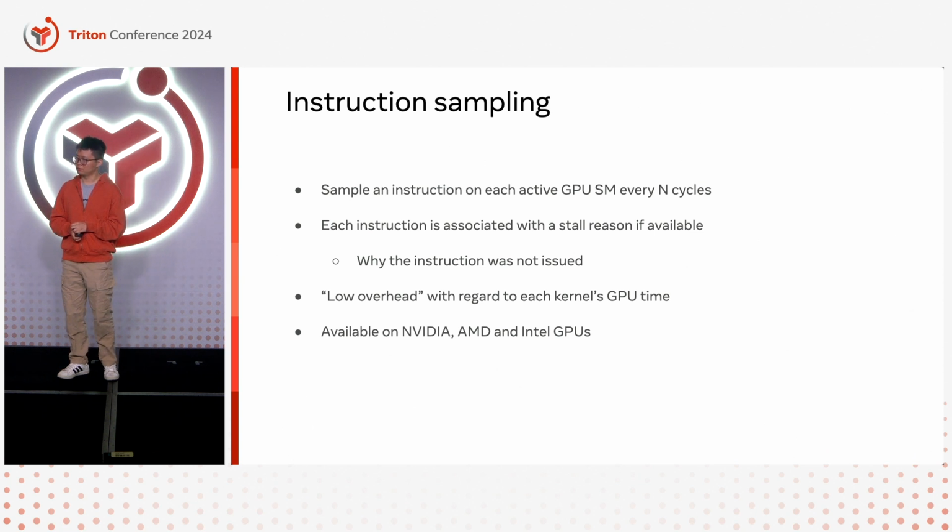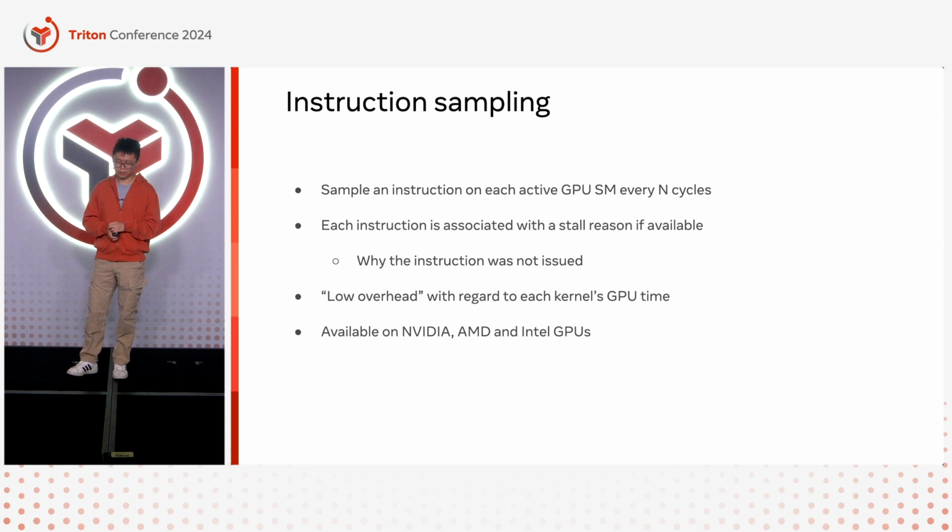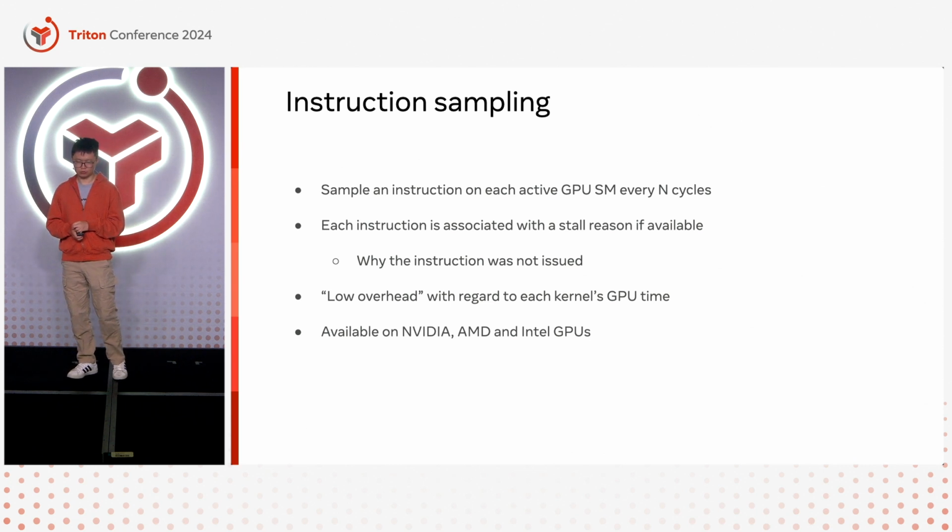That means if your kernel originally runs for something like 50 milliseconds, with instruction sampling you'll likely still get 50 or 51 milliseconds, which guarantees that what you profiled is true information instead of something that has been dilated. It's already available on NVIDIA, AMD, and Intel GPUs, but Proton only has integrated instruction sampling on NVIDIA GPUs so far.